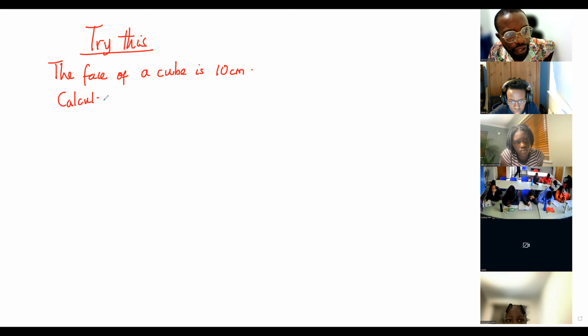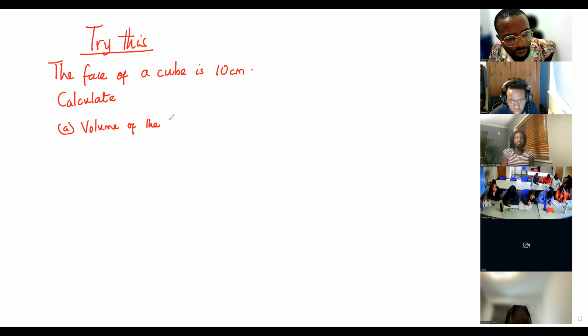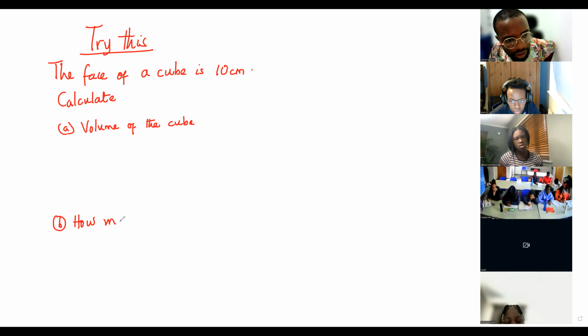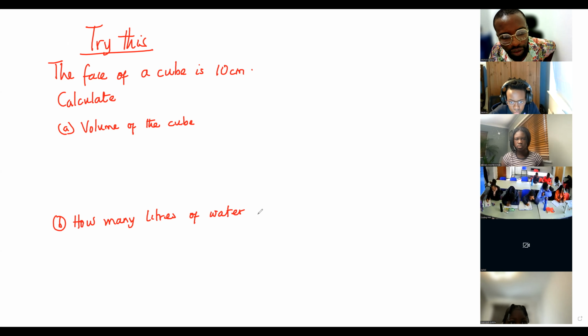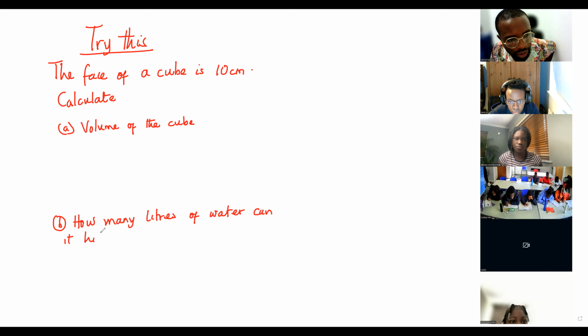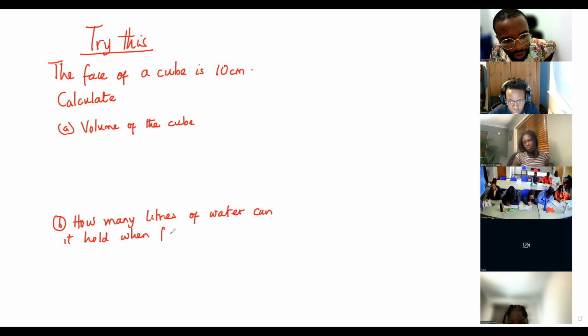Calculate A, the volume of the cube, and B, how many liters of water can it hold when filled up?